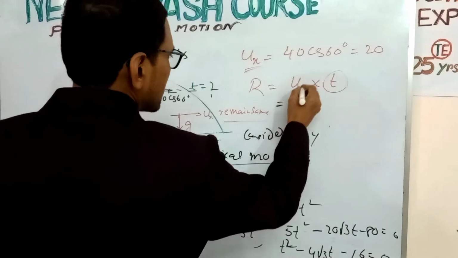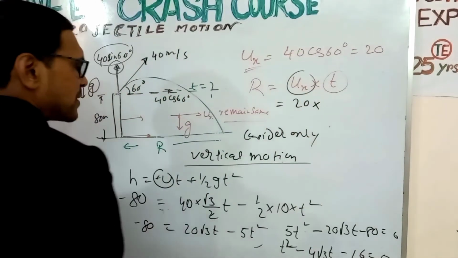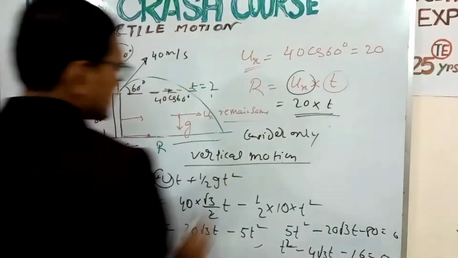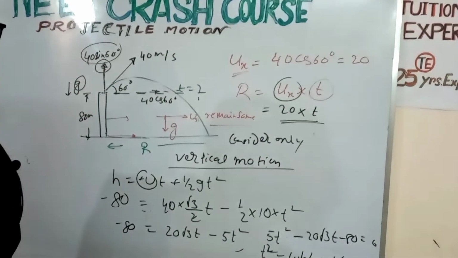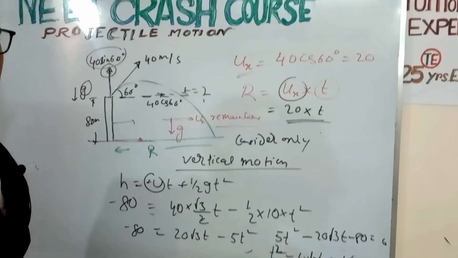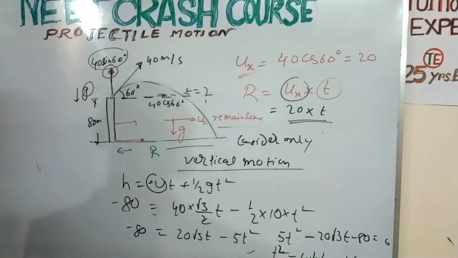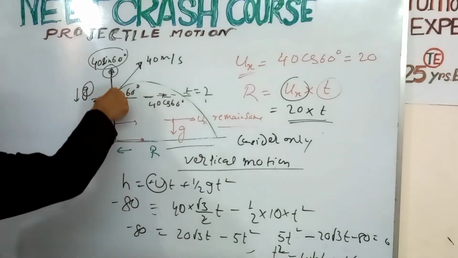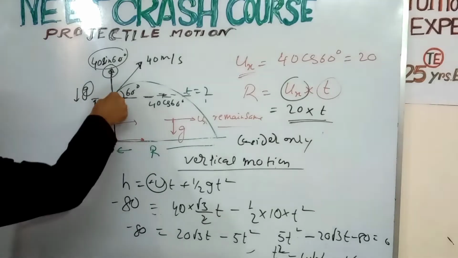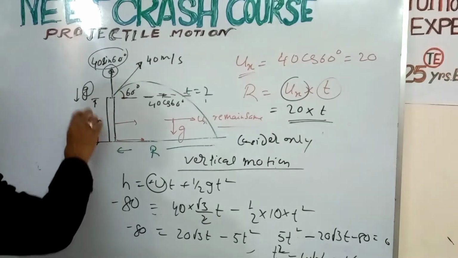So to find the time taken we consider only vertical motion, and net displacement from this to this along vertical direction is negative.